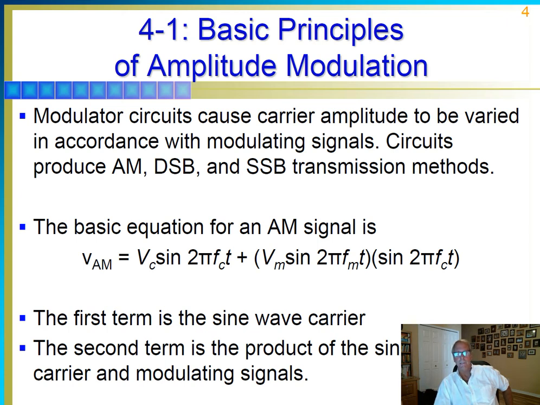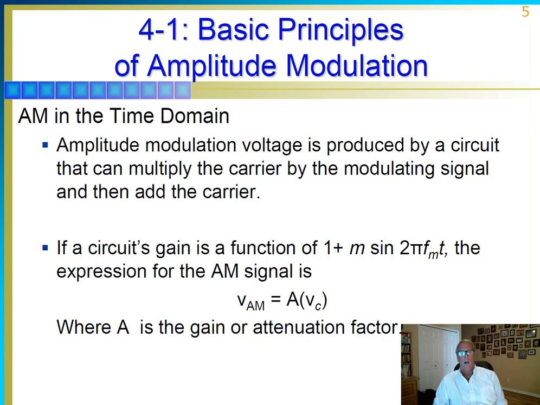We get three sine waves using the sine A, sine B trigonometric identity which we presented earlier, which gives you the upper sideband and lower sideband sine waves. You end up with three sine waves from this equation here. So they're really all sine waves.